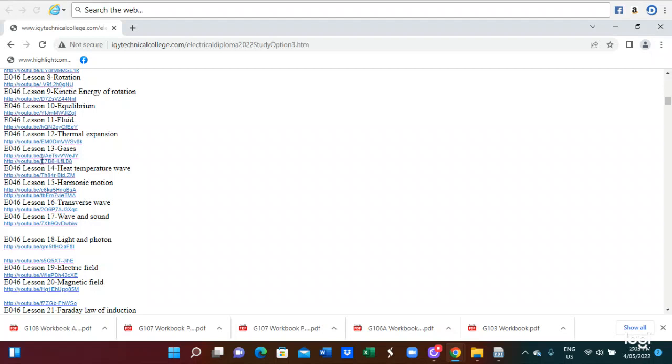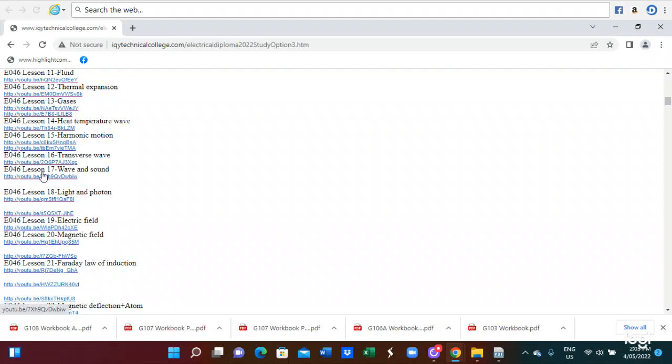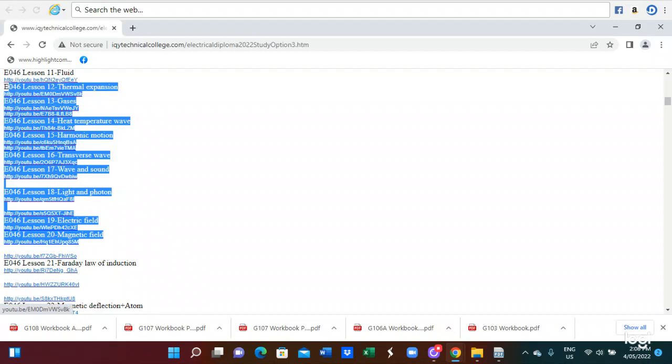Lesson 12 dynamic expansion, lesson 13 gases, lesson 14 heat temperature wave, lesson 15 harmonic motion, lesson 16 transfer waves, and lesson 17 wave and sound. Lesson 18 is light and photon, lesson 19 is electrical field, and lesson 20 is magnetic field. Those lessons are videos you have to view.